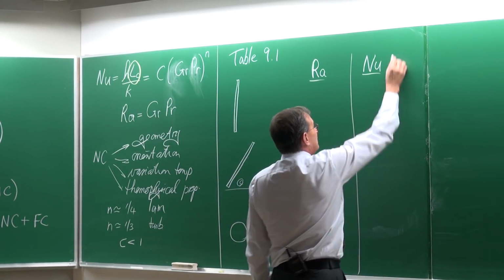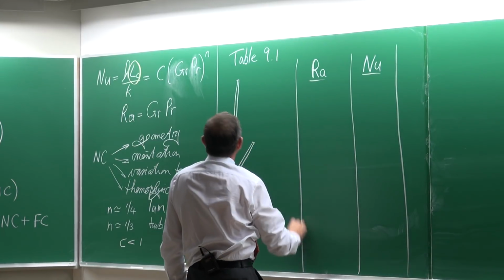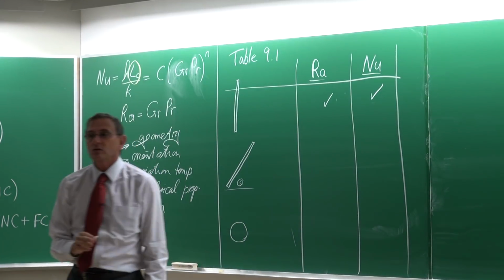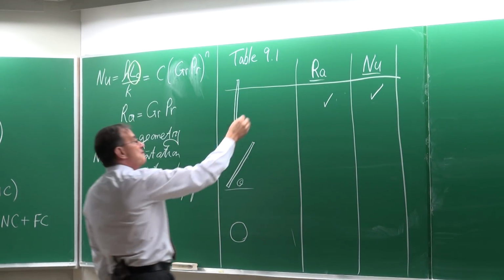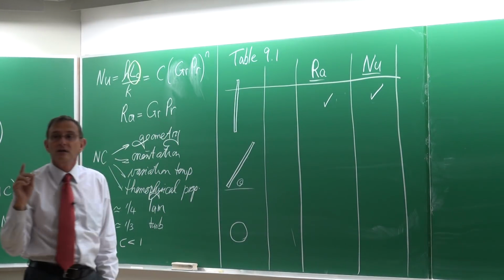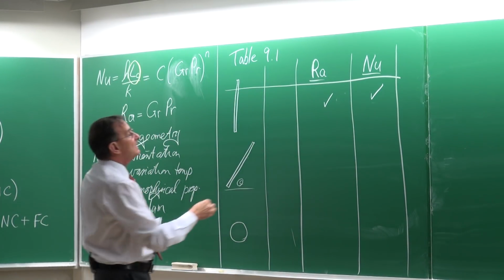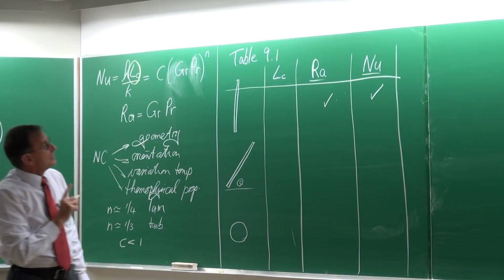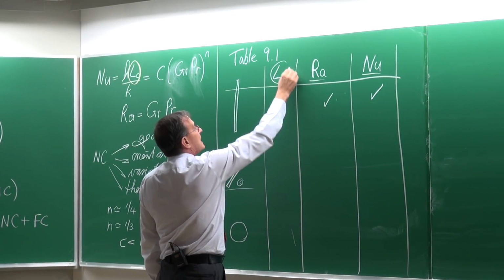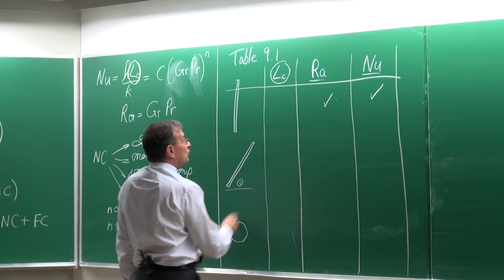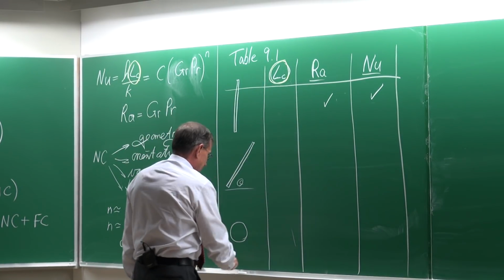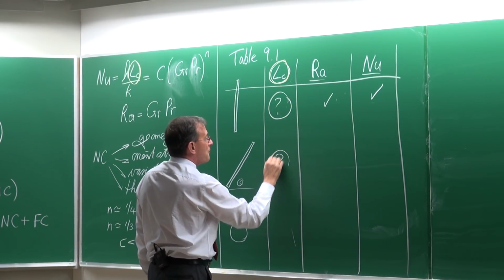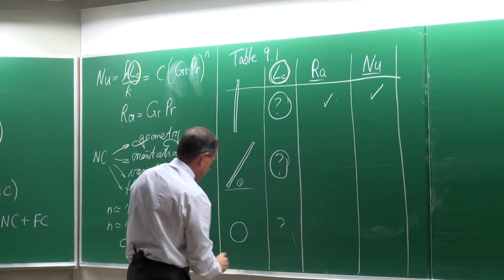Now students are normally very good in getting this value and that value from the table. But the thing that they sort of miss is the most important thing in the table. The most important thing in the table is the characteristic length. They tell you how you must get the characteristic length for all the different geometries.